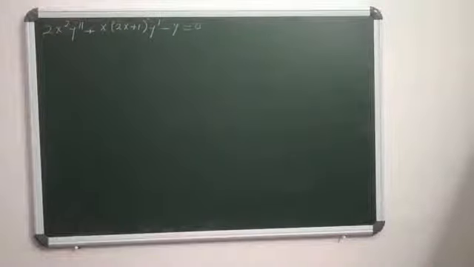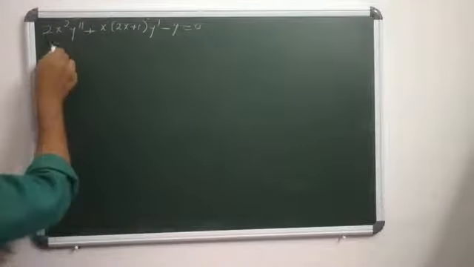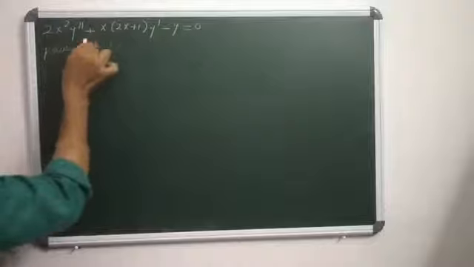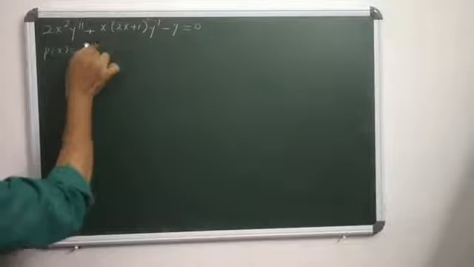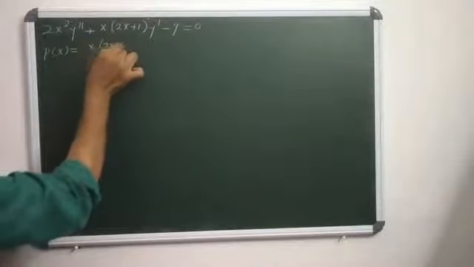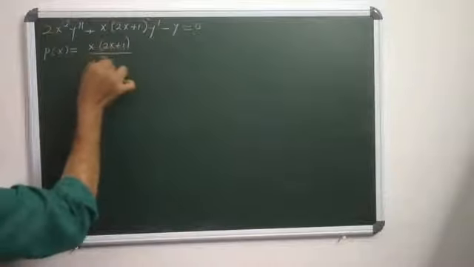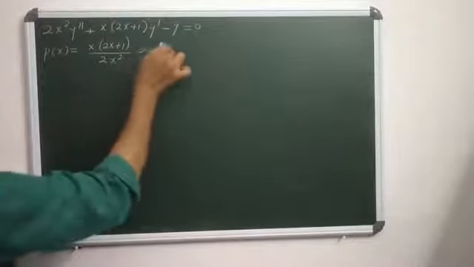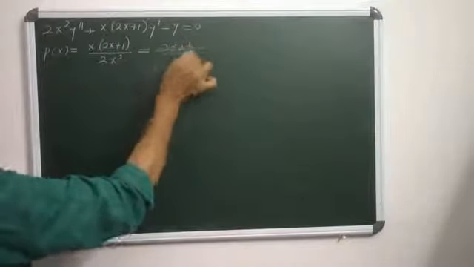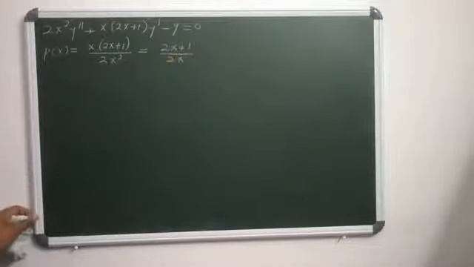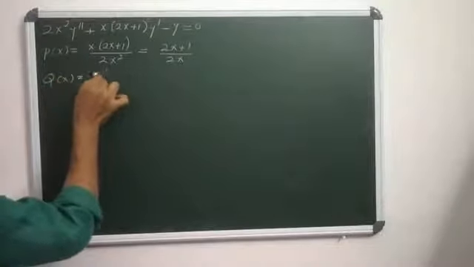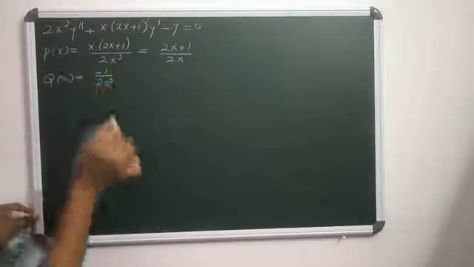When you compare it with the standard equation, what about p(x) here? p(x) equals the coefficient of y', that is x into (2x plus 1) divided by 2x square. Let's rewrite it as (2x plus 1) divided by 2x, with one x cancelling. What about q(x)? q(x) is minus 1 by 2x square.